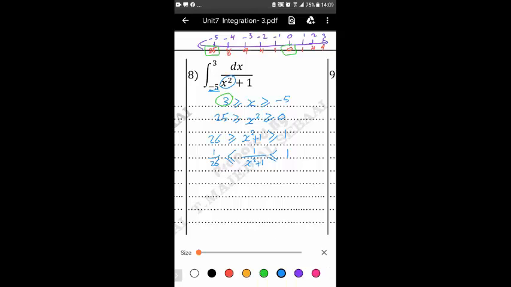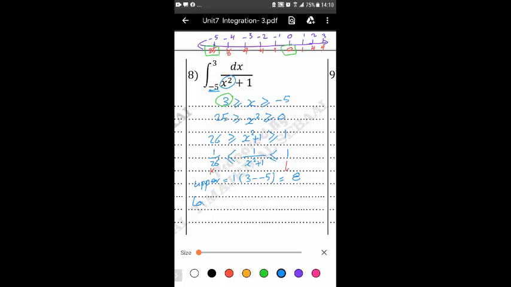Now I can say that this is K, which is the smaller, and L, which is the bigger. Okay? So upper limit equals 1 by 3 minus 5. It will be 8.